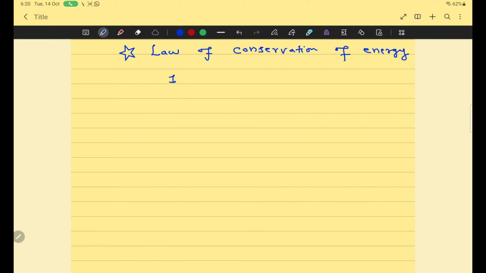Case number one. If an object is falling down and there is no air resistance, then such a motion is called free fall motion.